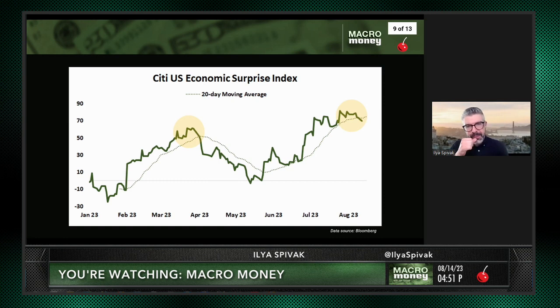Now, this is very importantly a relative measure. It does not tell us whether U.S. economic data is good. It does not tell us whether it's bad in absolute terms. What it tells us, and this is a measure from Citigroup, is how U.S. economic data is performing relative to expectations. Now, this is actually critically important because markets don't necessarily move on how the economy is doing.